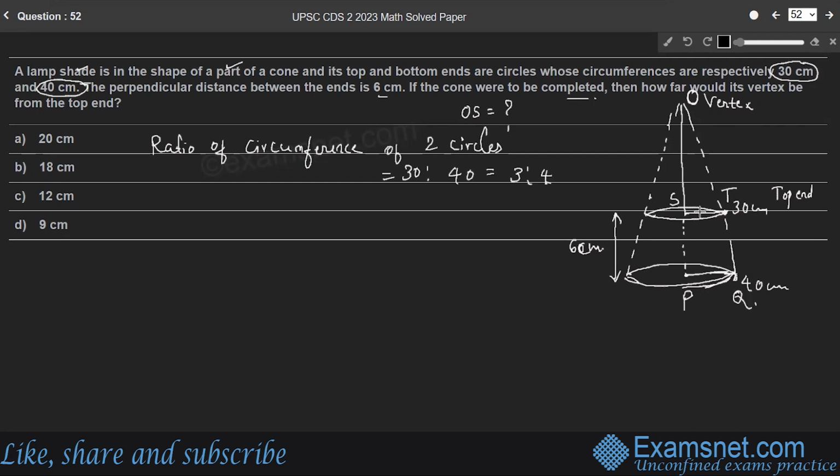Now let us consider some part of the circumference and the same part of the circumference of another circle. These parts are also in the ratio 3:4.